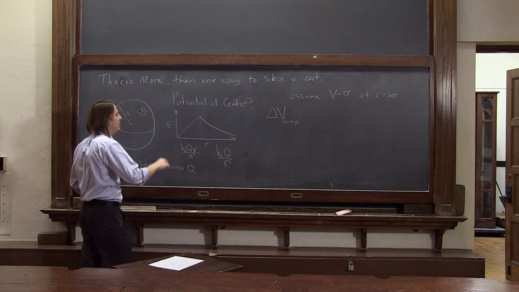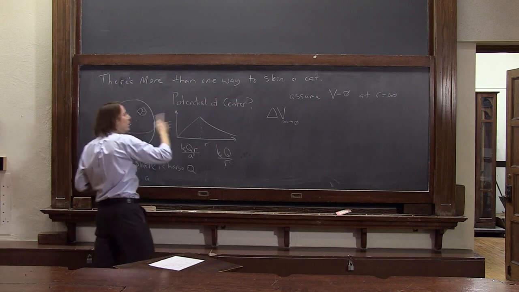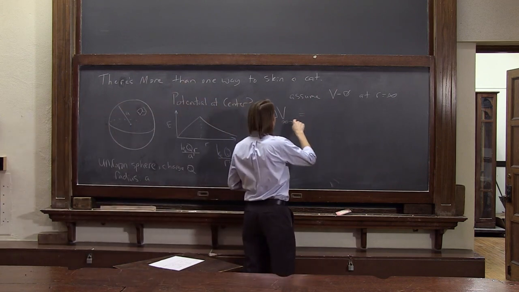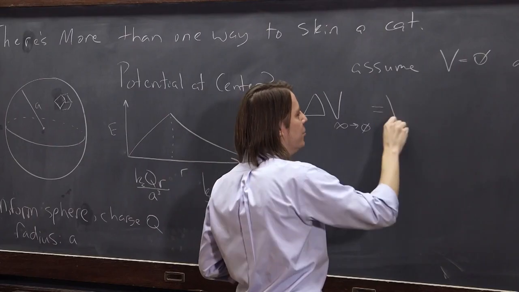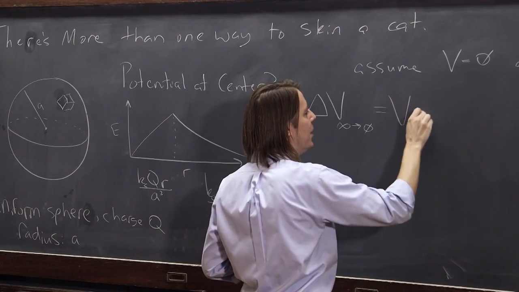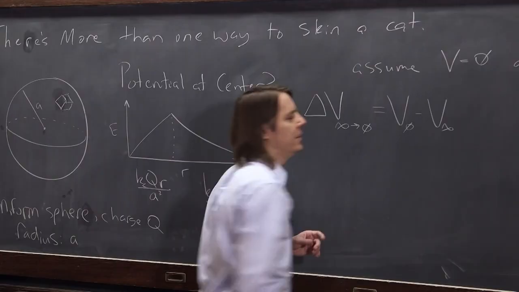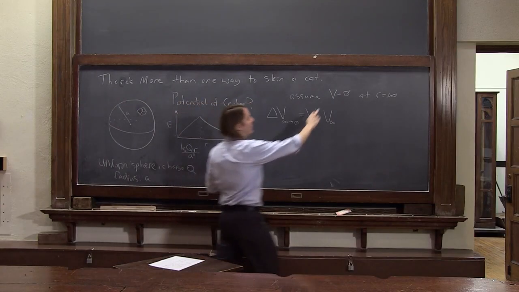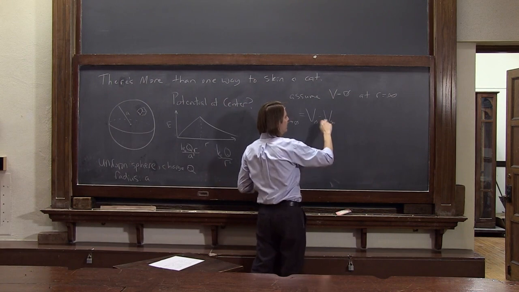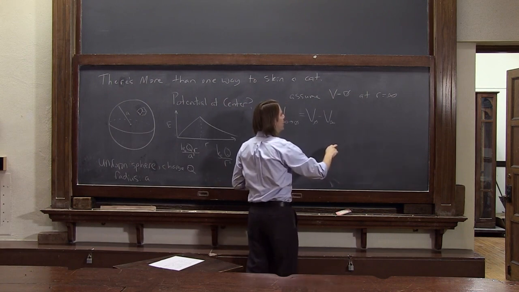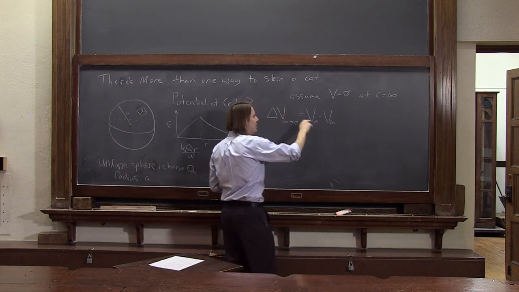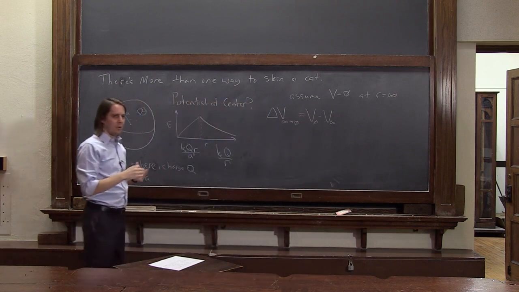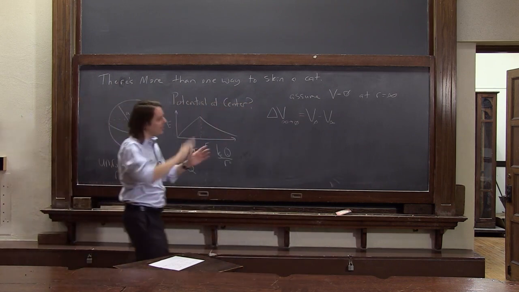We're going to change the radius position from infinity and bring it to 0. That's going to be equal to the potential at 0 minus the potential at infinity, because the difference is always final minus initial. And we've already said this is 0 at r equals infinity, so that will go away. So solving this does give us the potential at the origin for the case that it's 0 at infinity.